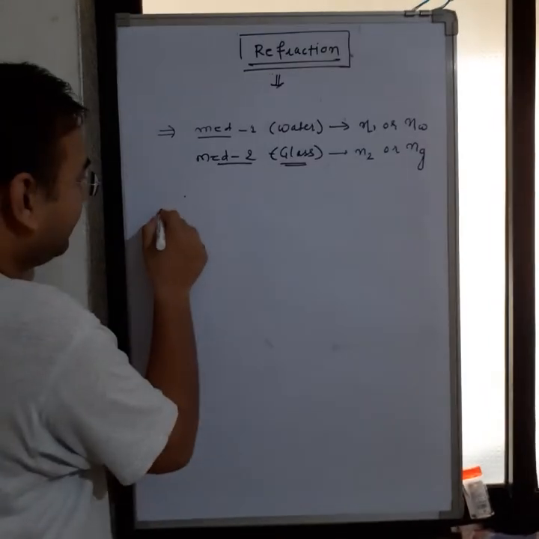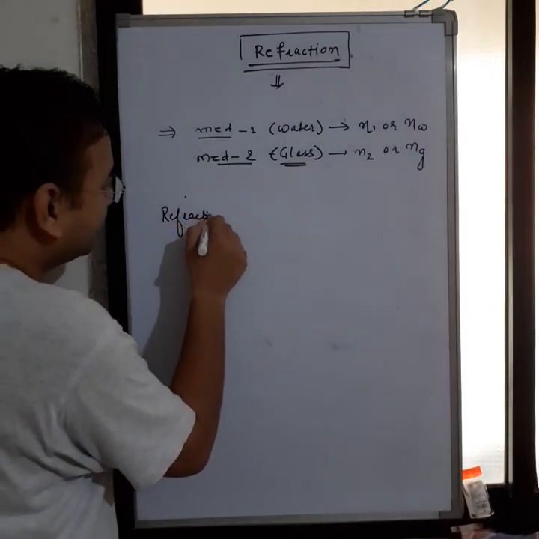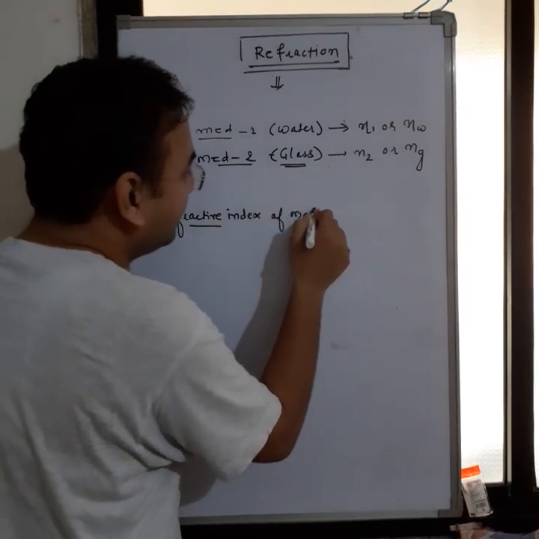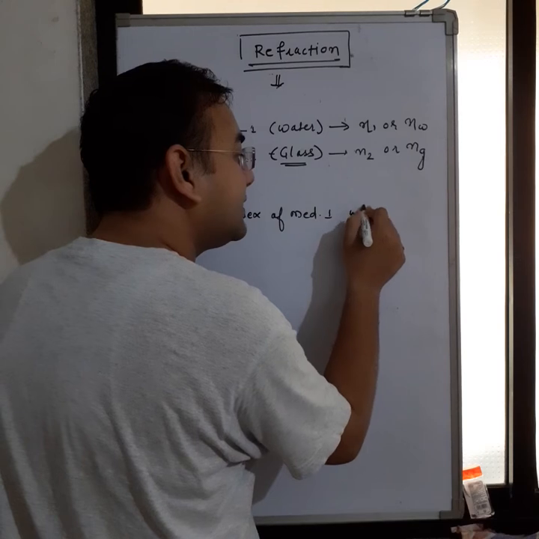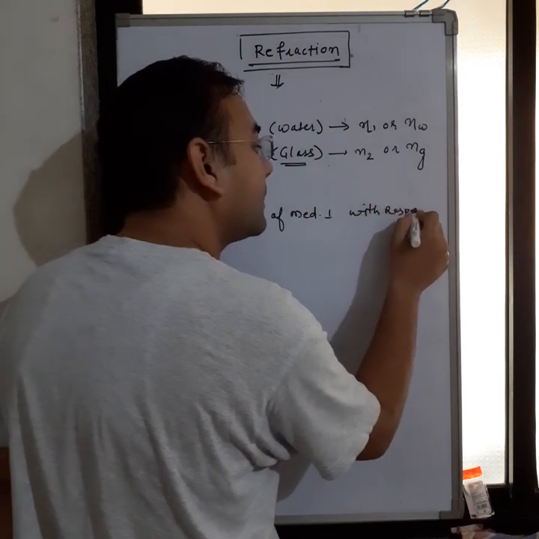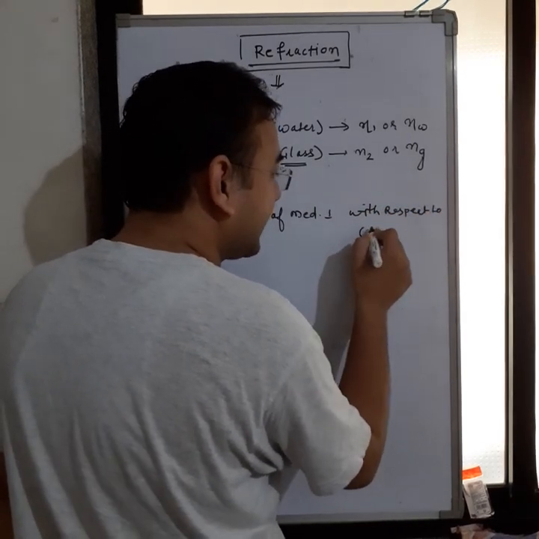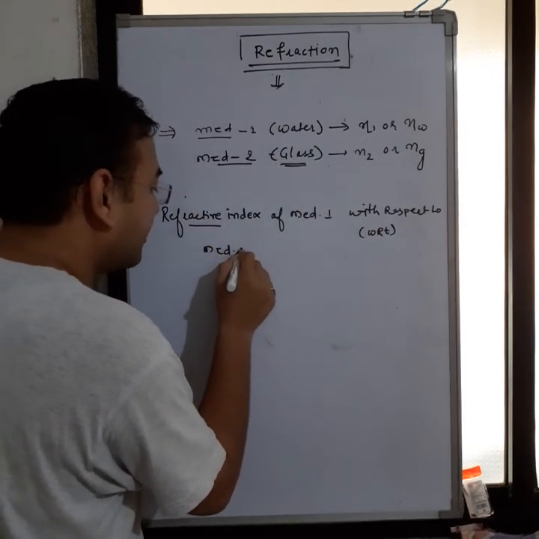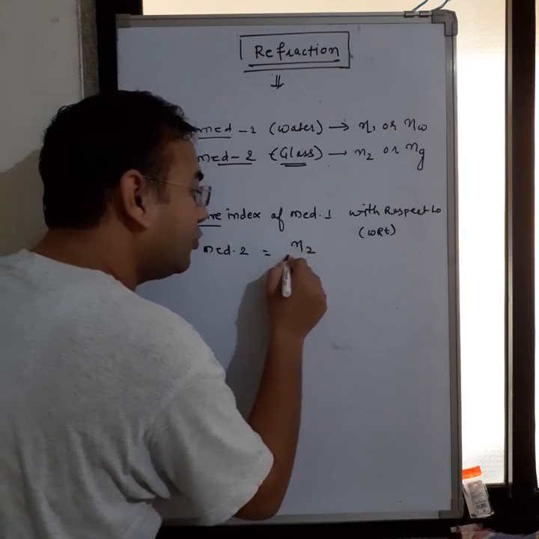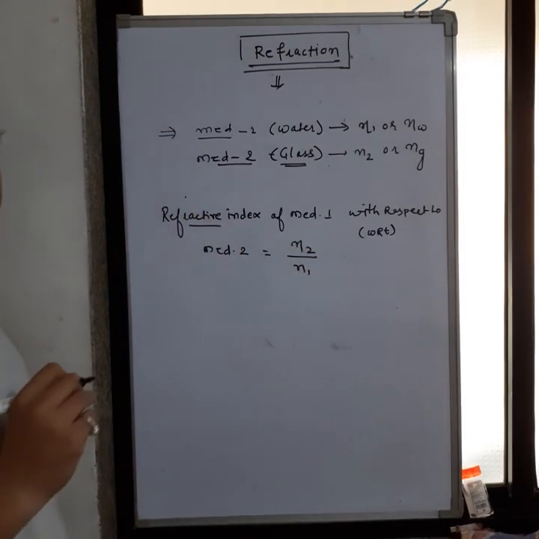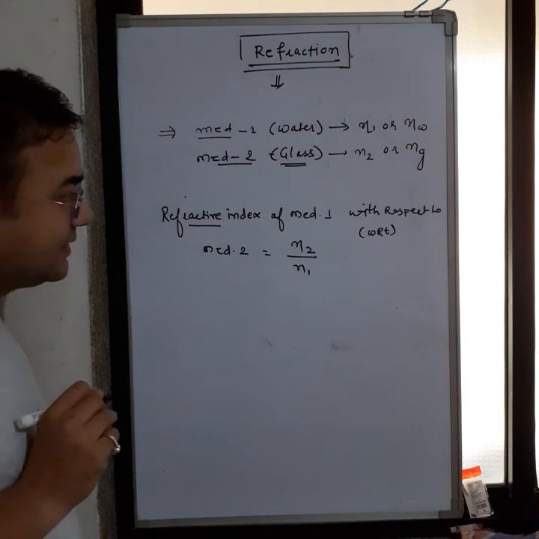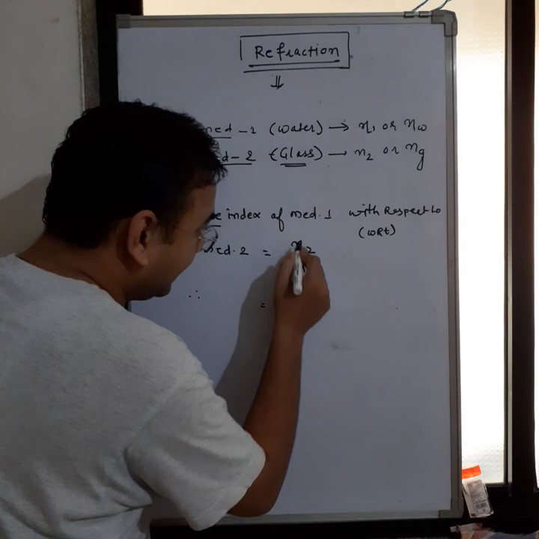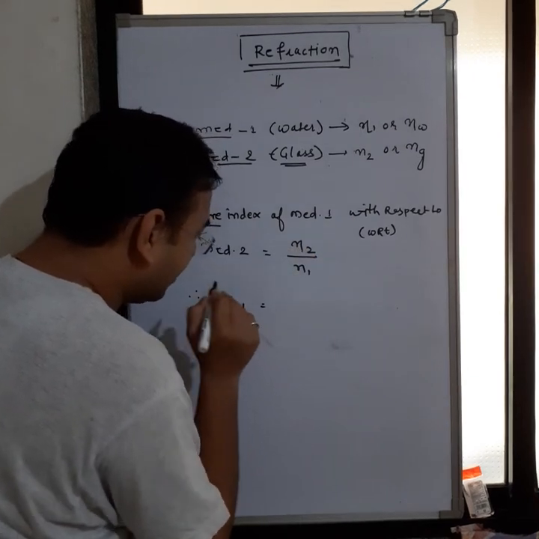So the refractive index of medium 2 with respect to medium 1, we write WRT for with respect to, is eta 2 upon eta 1. So we can write this as eta 21.